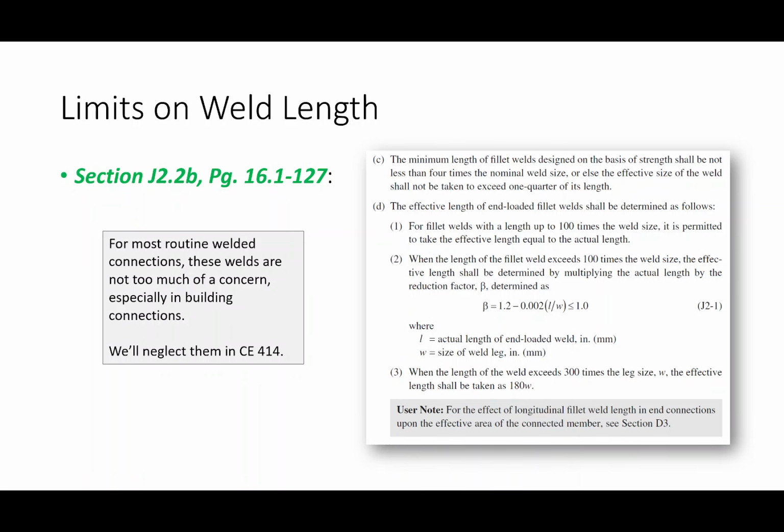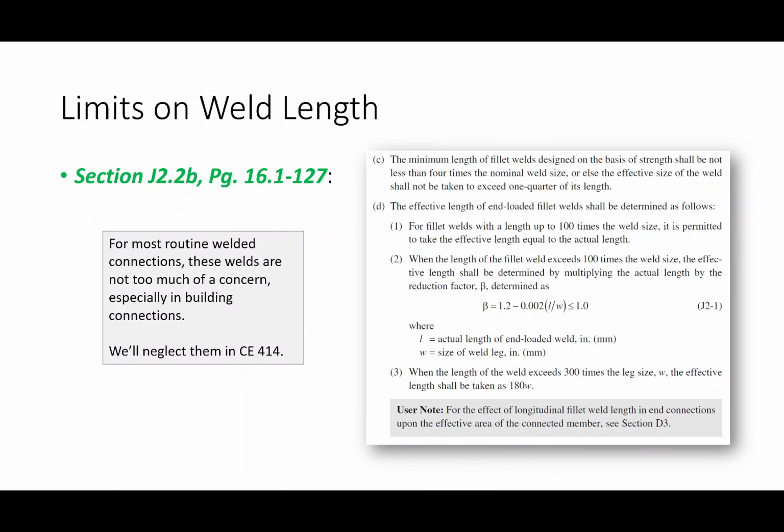But the long and short of it basically says that a weld has to be at least 4 times its weld size. So if we're depositing a 1/4-inch weld, the weld needs to be at least 1 inch or longer, which most of our welds will be well longer than that. And then there is a limit on the maximum length of a weld.